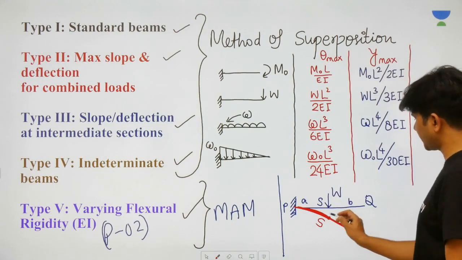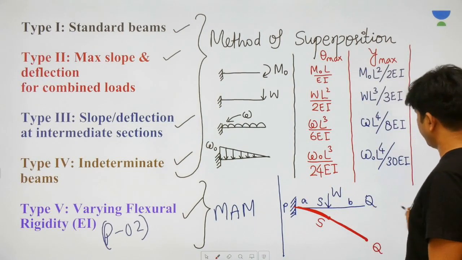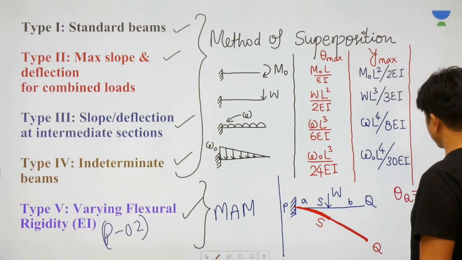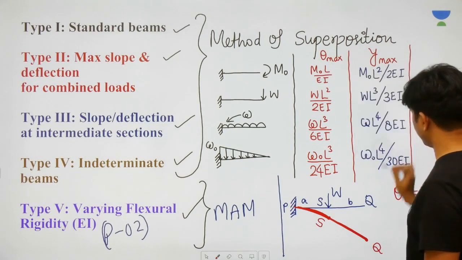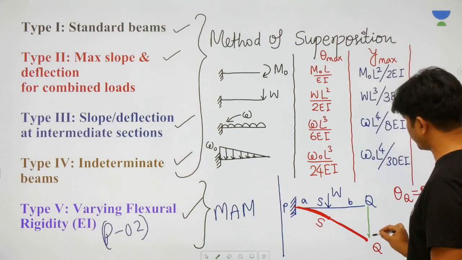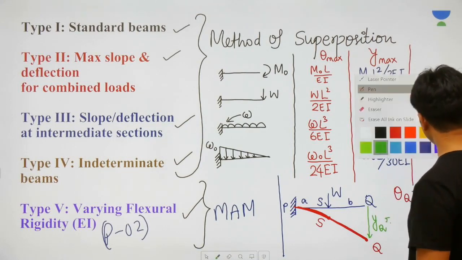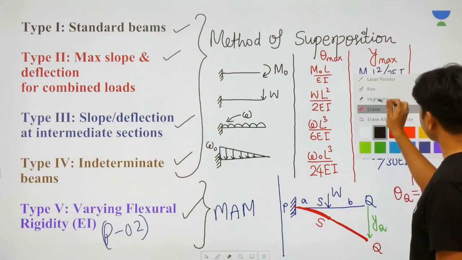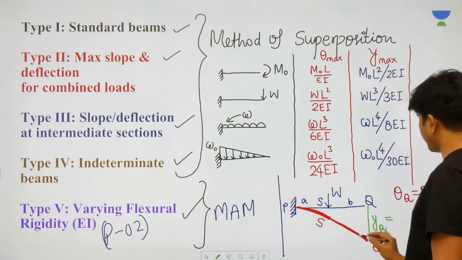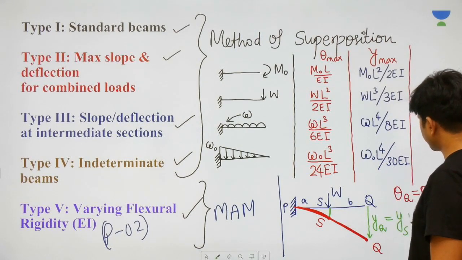For such a case, because the SQ segment is remaining straight, we can write theta q is equal to theta s, and we can write yq here.